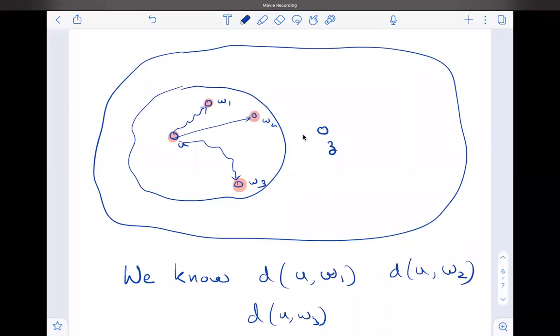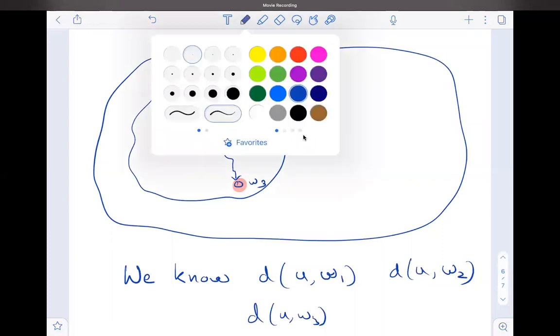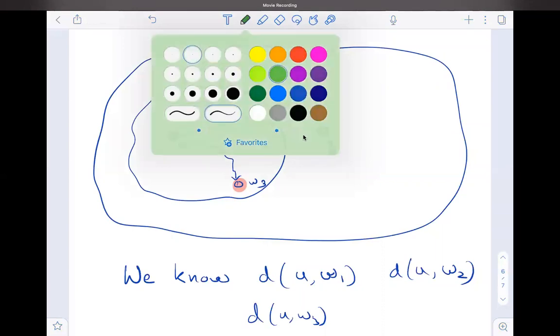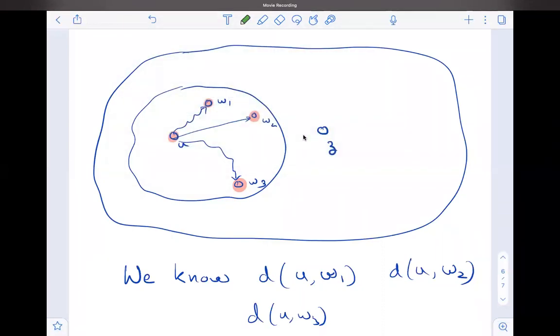So look at the paths from U to Z. I will use a green colored thing. You have to go from U to some vertex, say W1, and then cross this edge and go to Z. So there is a vertex over here.